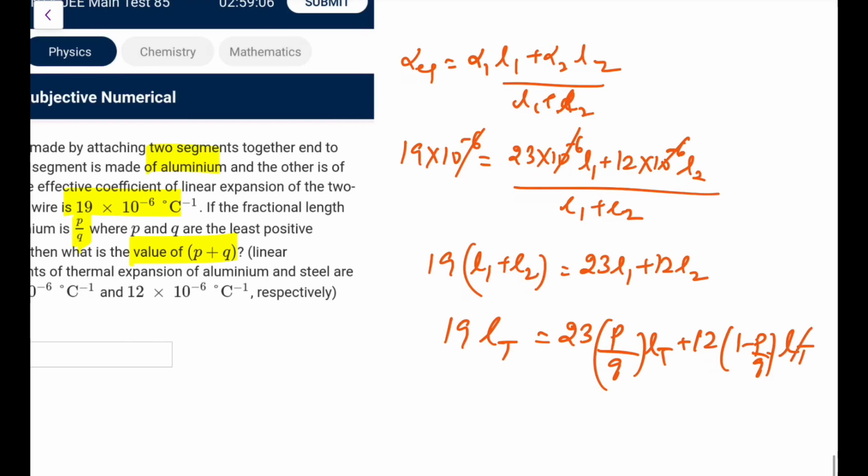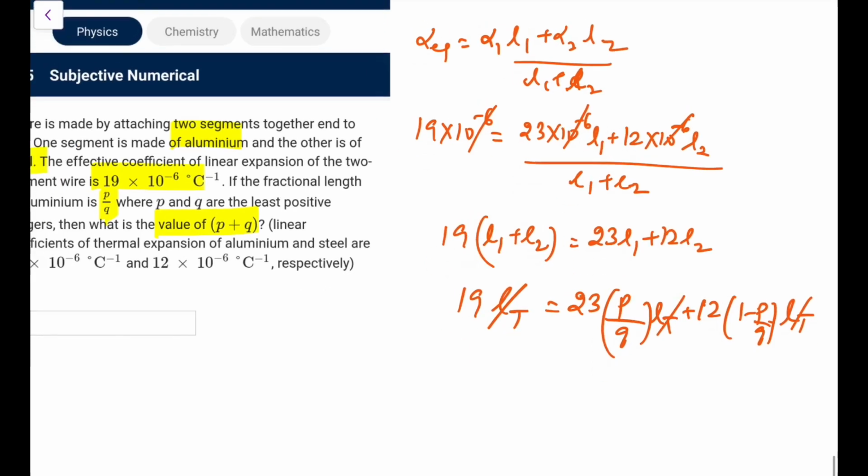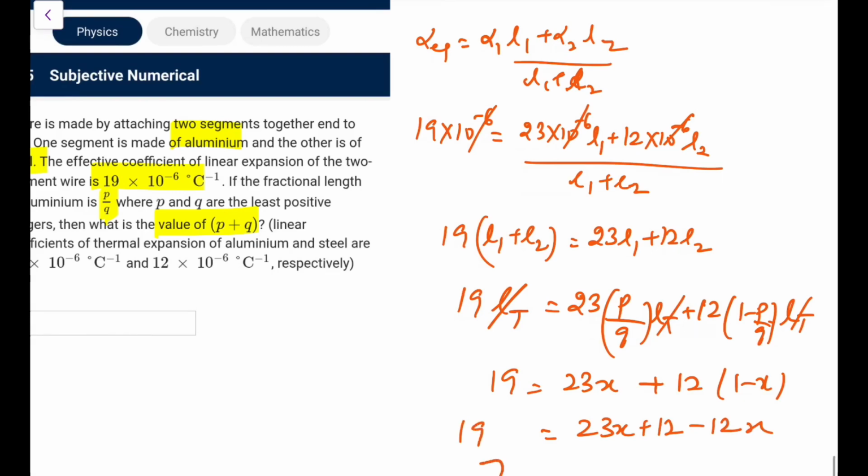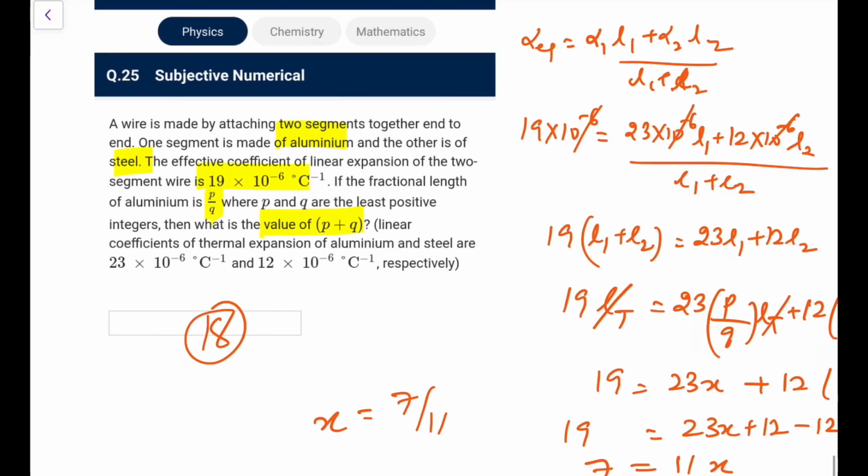So LT goes. Now take P by Q as x, so 19 is 23x plus 12 into 1 minus x. So this is 23x plus 12 minus 12x is 19, so 19 minus 12 is 7. This is 11x. If I am right, x is 7 by 11, so 11 plus 7 gives 18 in this particular case, so the answer should be 18.